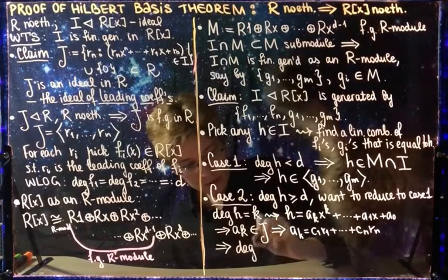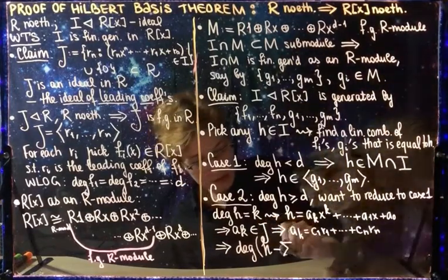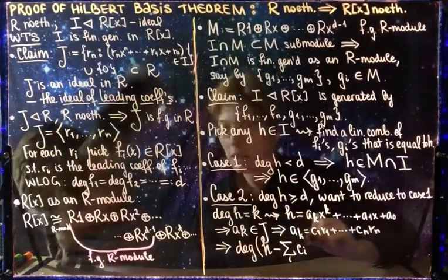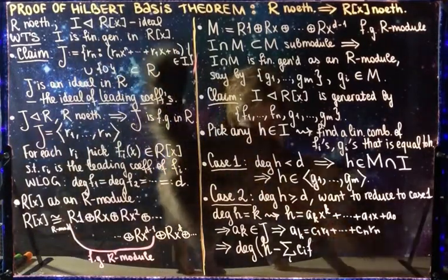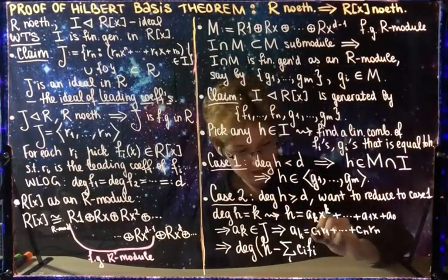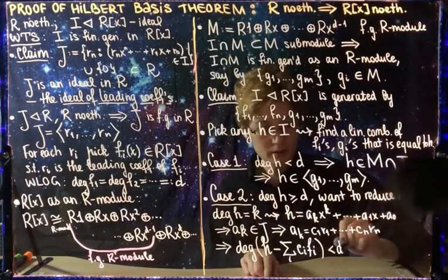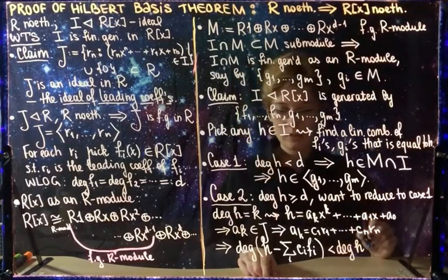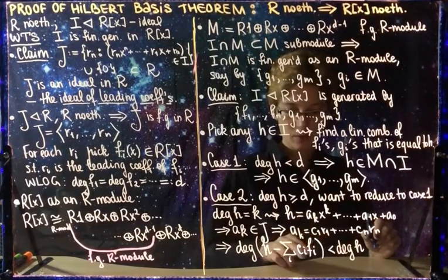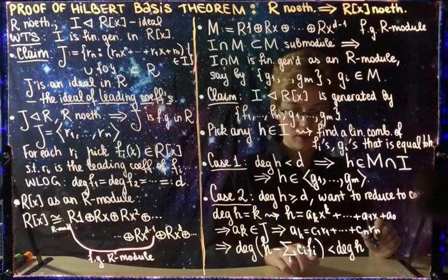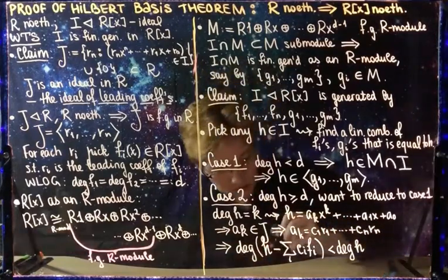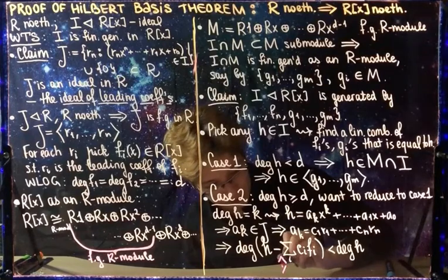So the degree of h minus the sum over i of ci fi is strictly smaller than the degree of h, because we subtract from the leading coefficient ak the linear combination of ci's times the leading coefficient of fi, and I should also multiply this by the necessary power of x.